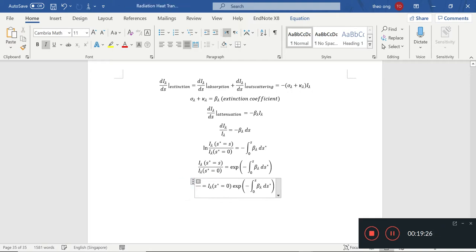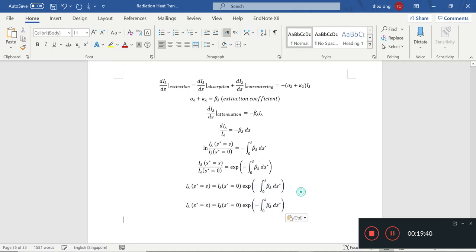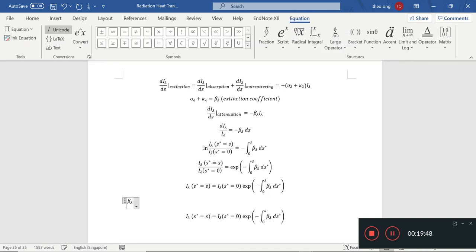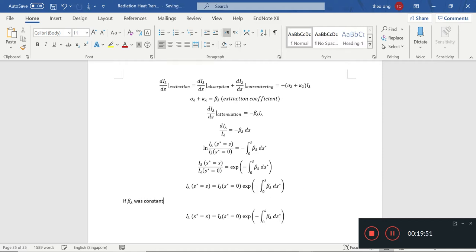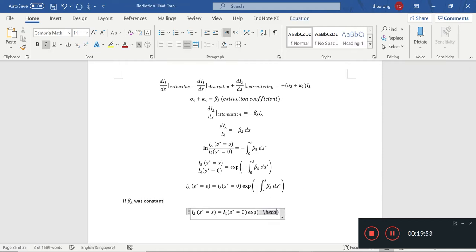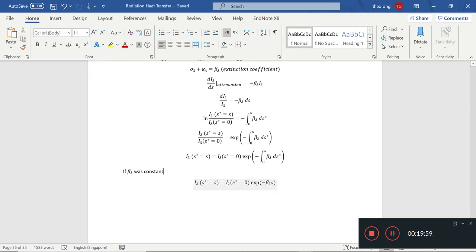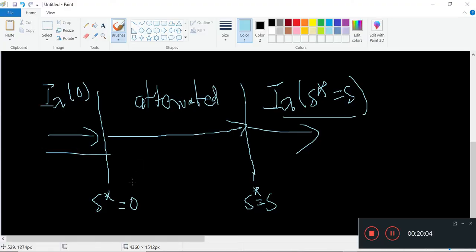You can see it's an exponentially decaying thing. And of course, if this beta lambda was constant, then beta lambda s is the exponent that results from this integral. So if your extinction coefficient was constant, we will get beta lambda s. So you can see basically it's an exponential decay where the radiation goes through.